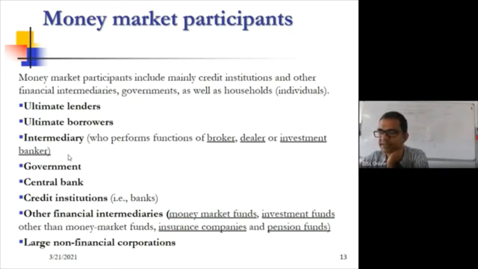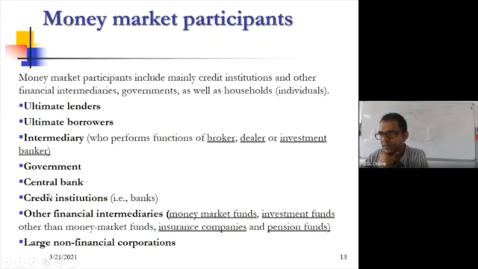They facilitate or provide facilities for corporates to borrow short-term funds. Then the government: in most countries, governments are the major borrowers. Government borrows for short periods.